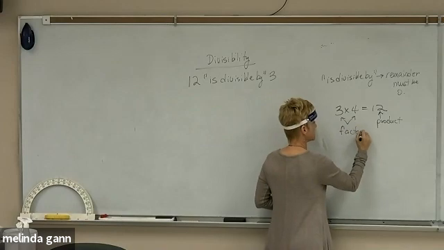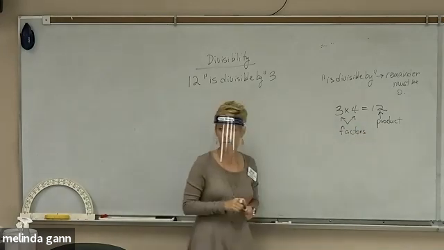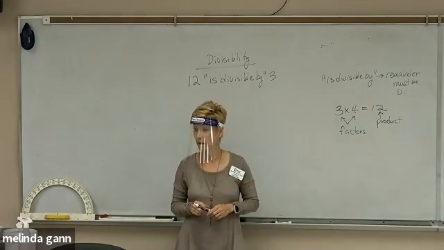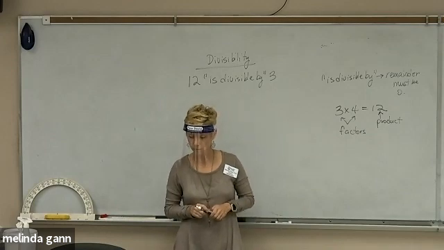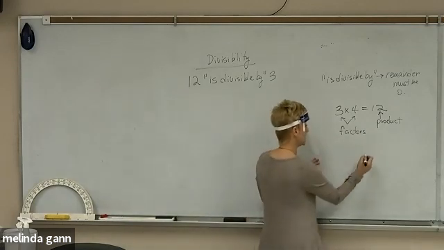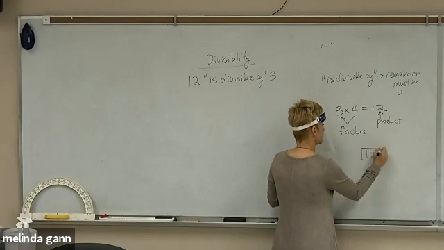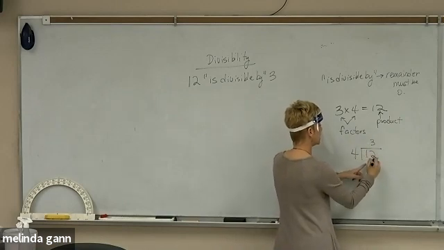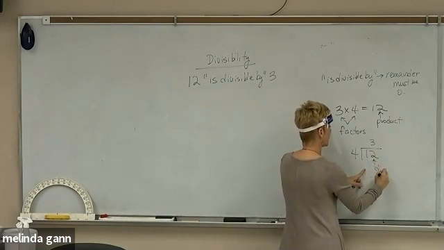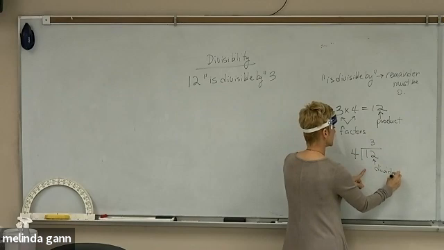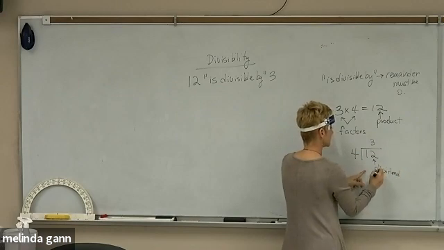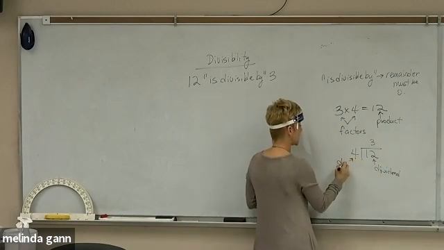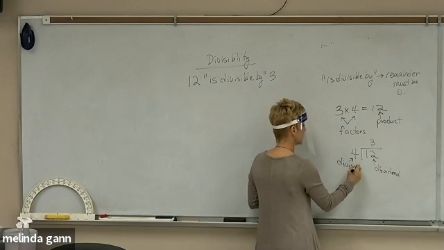Those are called factors. Okay. 12 divided by 4 is 3. When you got long division, the thing on the inside is called the dividend. The thing on the outside is called a divisor.